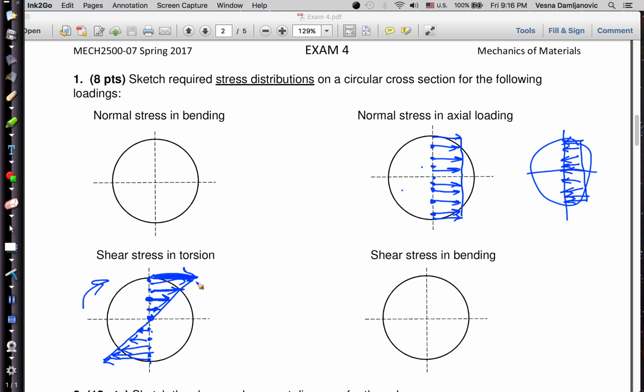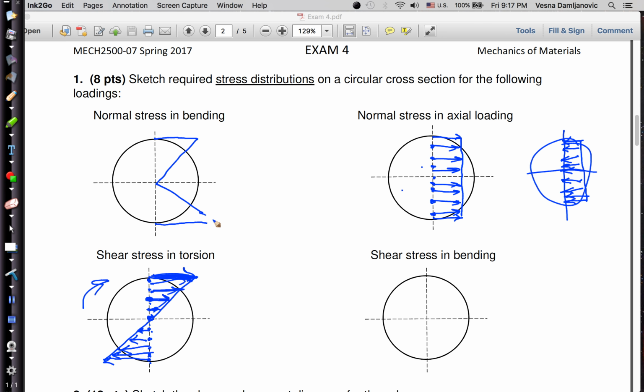So it's always going away from the point, not in the point. This is just for torsion, okay? All right, so that's good. So now we understood that it matters where you draw these arrows, okay? Now let's look at the normal stress in bending, okay? So a lot of people remember that it has to look like this.